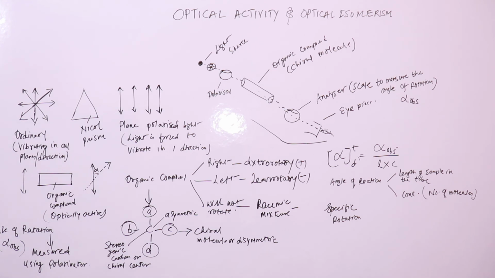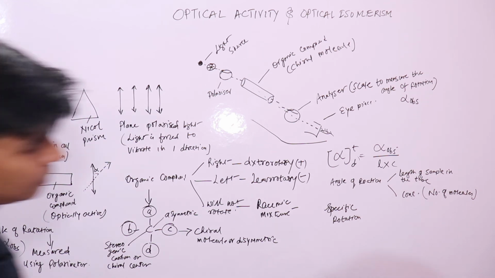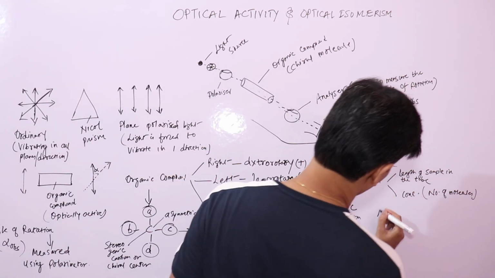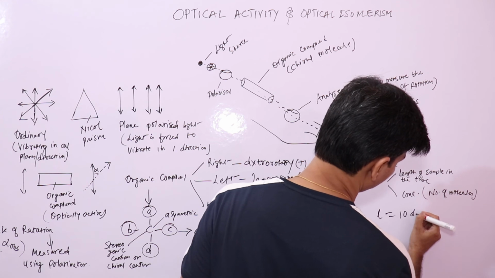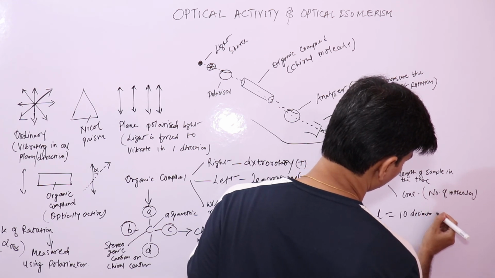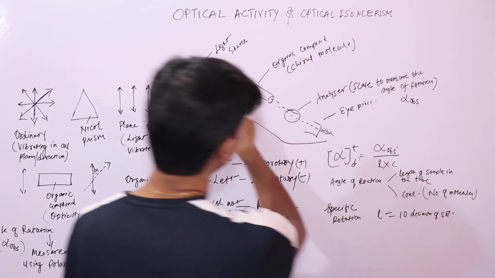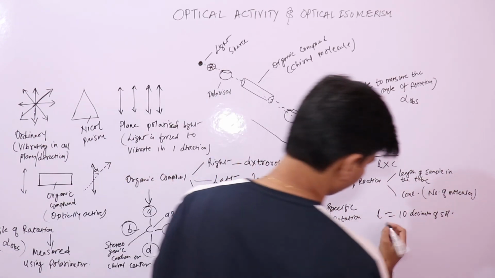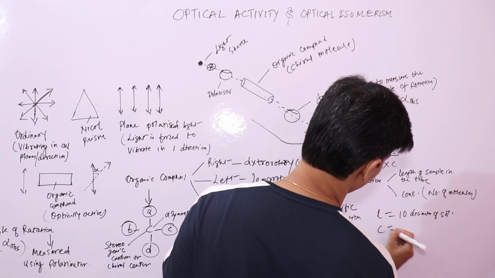So specific rotation is the number of observed degrees of rotation caused by the substance in the tube when plane polarized light is passed through 1 decimeter of its solution, having a concentration of 1 gram per milliliter.